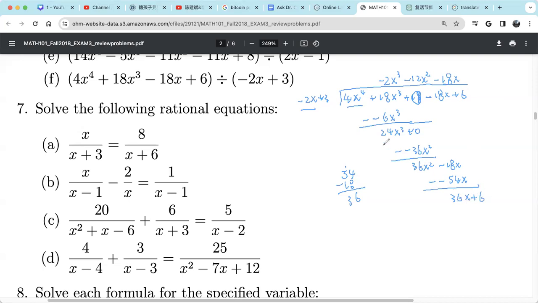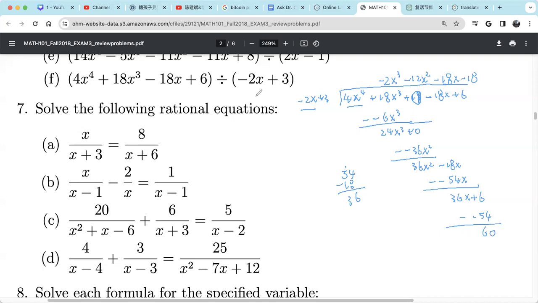Well, 36 divided by -2 is -18. Right, -18, then 3 times -18 is -54. Subtract 6, subtract -54 becomes 6 plus 54, which is a positive 60.